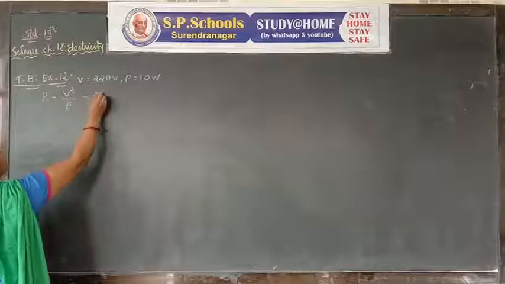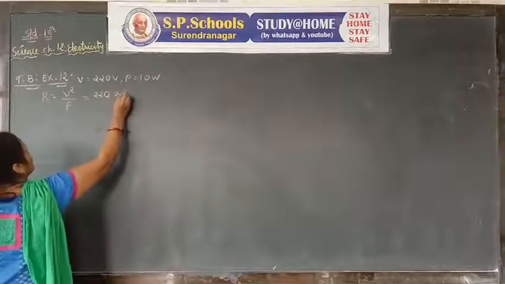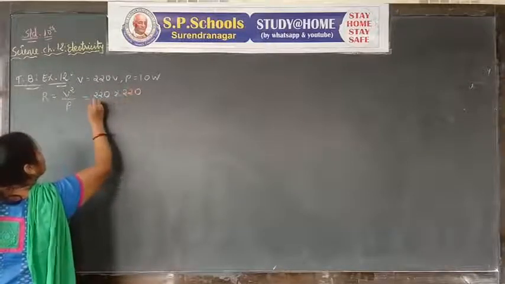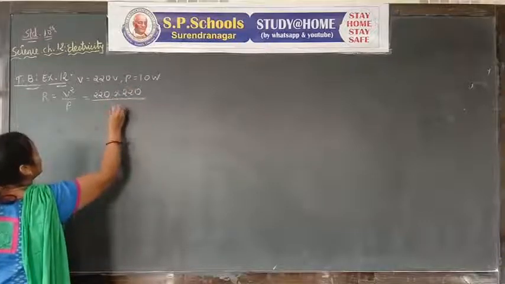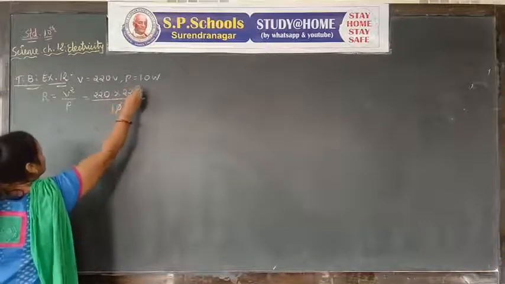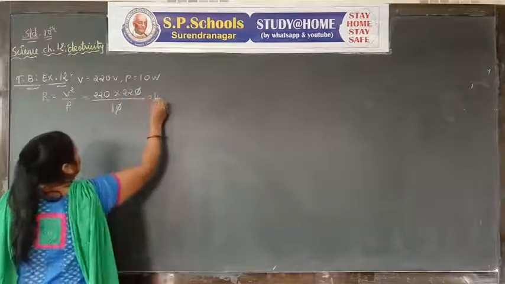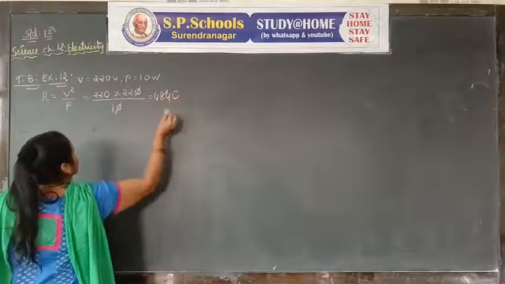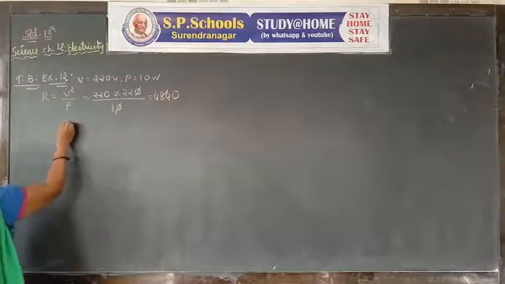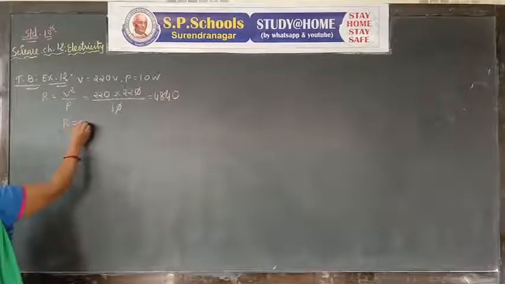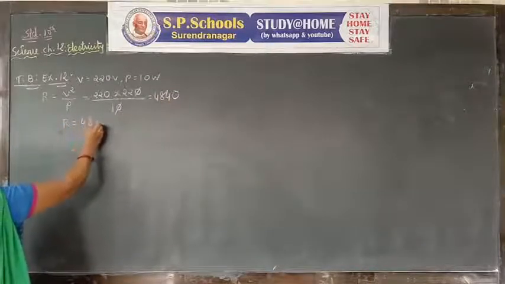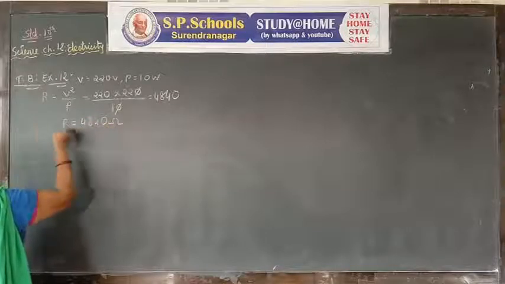V square means 220 into 220 upon P, which is 10. The 0 will be cancelled, and it will be 4840. So we take the resistance as 4840.